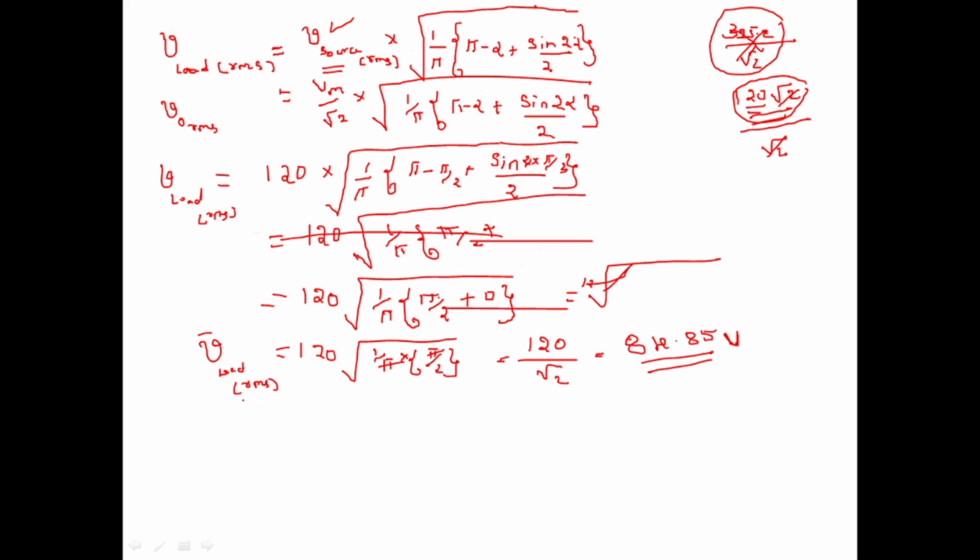Instead of calling it a load, you can call it V0 RMS, means output voltage RMS value. You can use this term, or as he has used in the textbook, capital letters, so you can use capital letters, better.